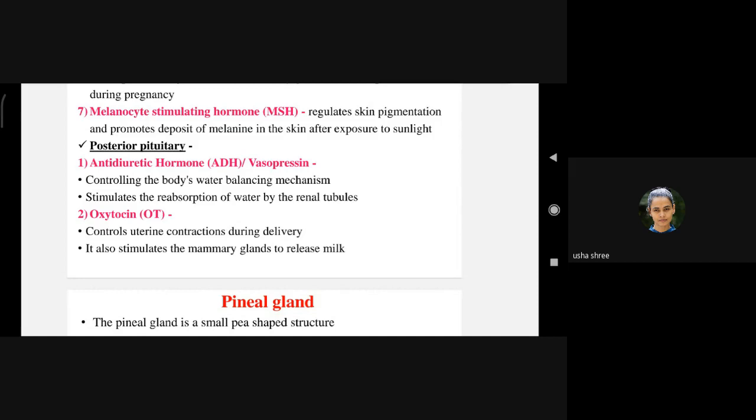So that uterine muscle contraction is also done by oxytocin, and release of milk from mammary gland is also done by oxytocin, because oxytocin is responsible for the contraction of muscles.